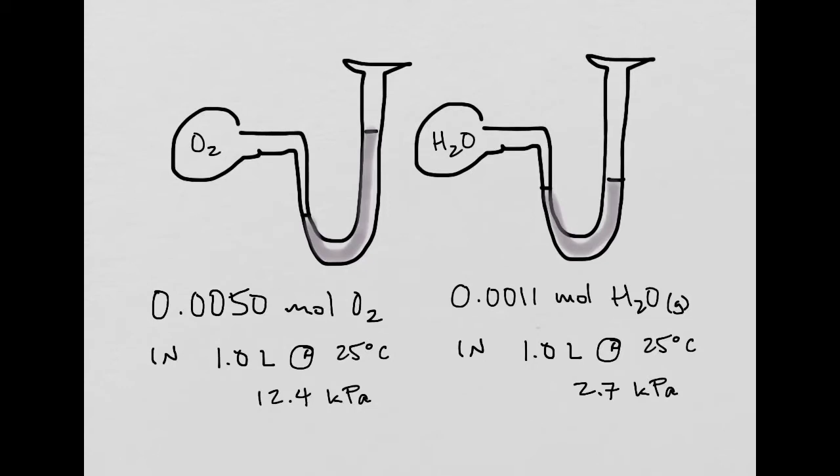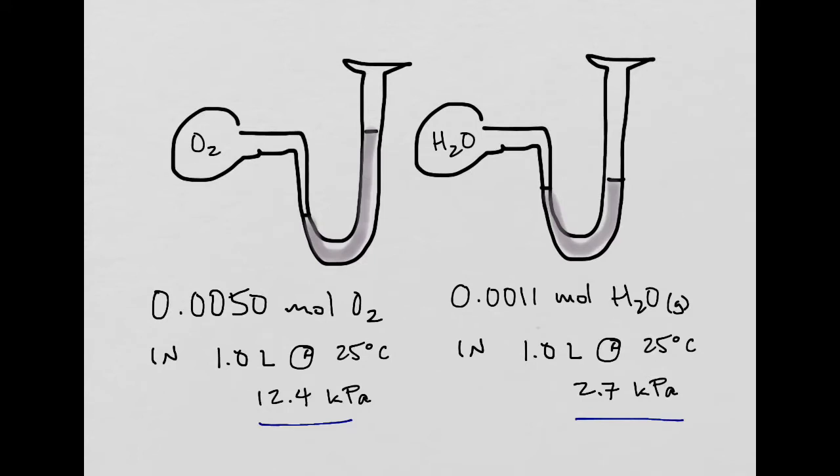We have a certain amount of moles of the O2, and most importantly, we can see that these things have different pressures associated with them. So in the case of oxygen, we have 12.4 kilopascals of pressure inside that container, whereas in the case of the water vapor, we have only 2.7 kilopascals. So when they're by themselves, this is what you would get for a measurement.